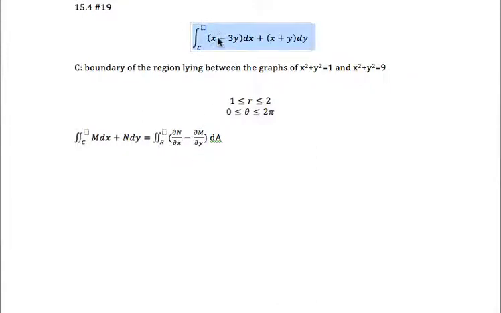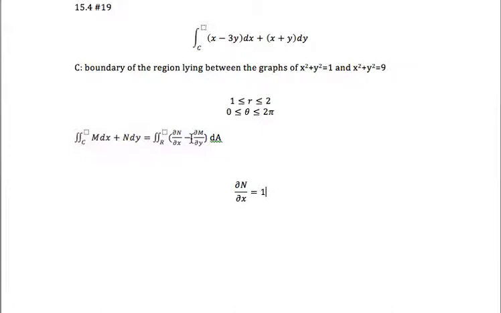This is our m, x minus 3y, and this is our n, x plus y. So we're first going to do dn dx, and we're taking the derivative of x plus y, and that is just going to be 1.